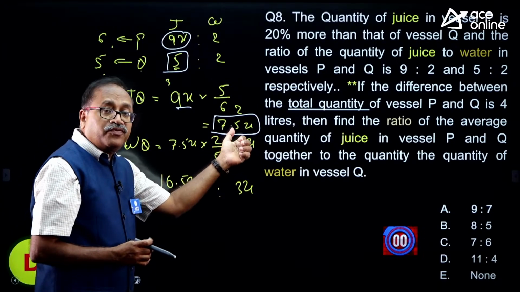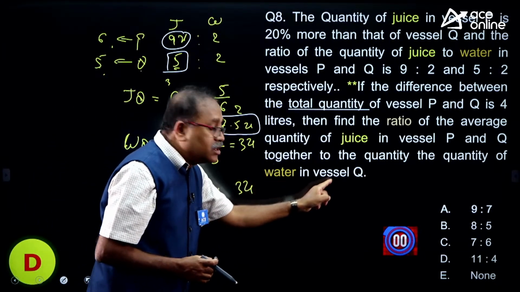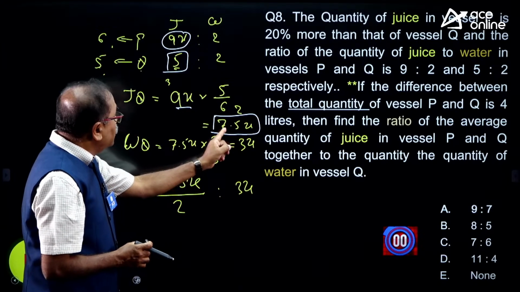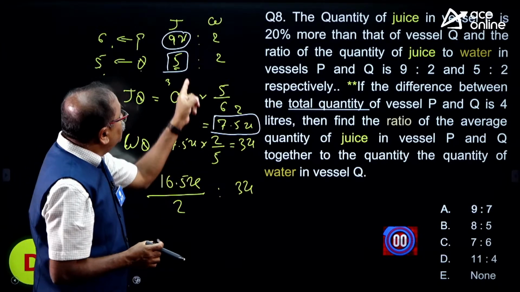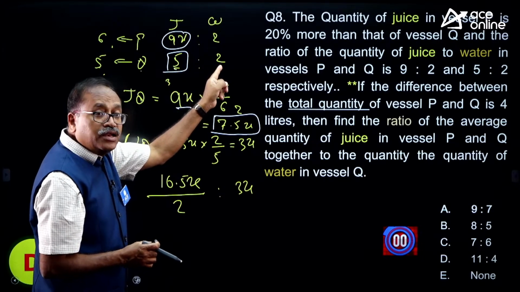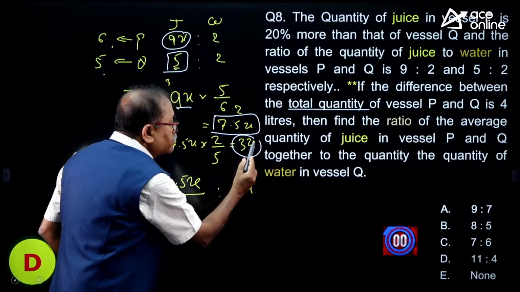So when 7.5 is 5 parts, the water in Q, because this is water in Q here, the water in Q will be how much? So that is 7.5 into 2 over, we know 5 parts, I need the 2 parts, 2 by 5. So I am getting water here.